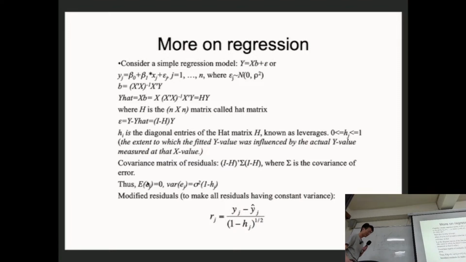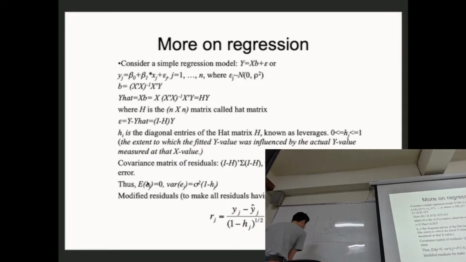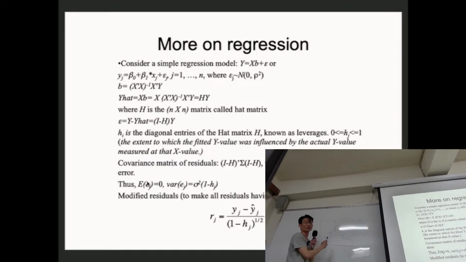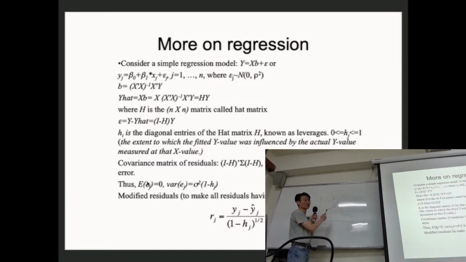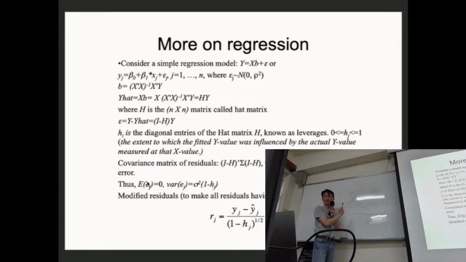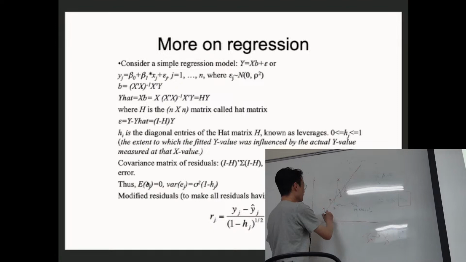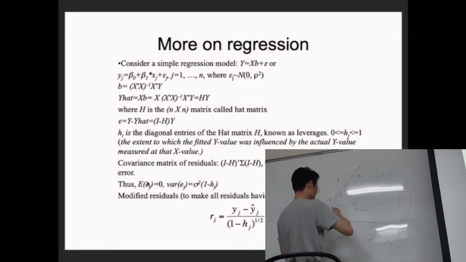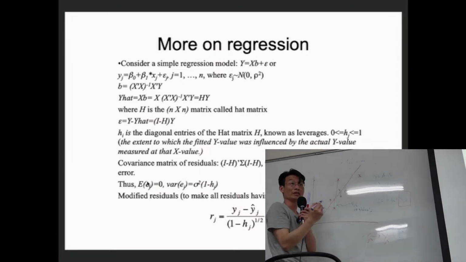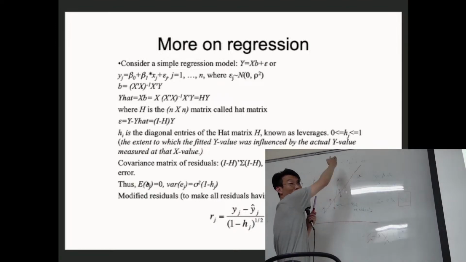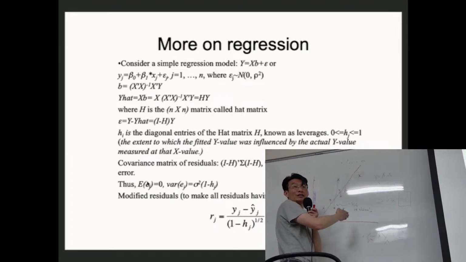In your regression, some data are more influential than other data, right? Remember, that's your data spanning. Data here and data here are more influential compared to data in the mean, the X bar, Y bar.